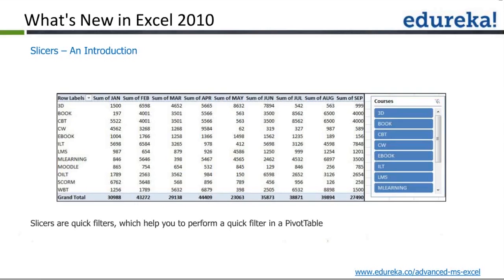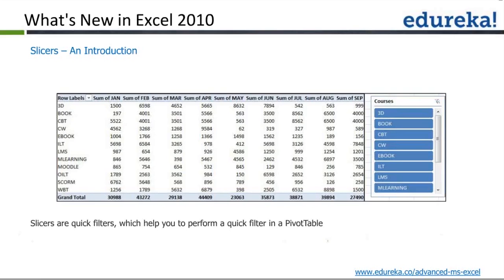Now they want to see it only for 6 months, or they want to see a trend of some other sales figures or some zone-wise sales figure, something like this. So they have to come back to you, usually as a reporting person or an analyst who is working on Excel, to make the changes, to make the modifications in that Excel chart or the pivot tables. But with slicers, the situation can be a big difference.